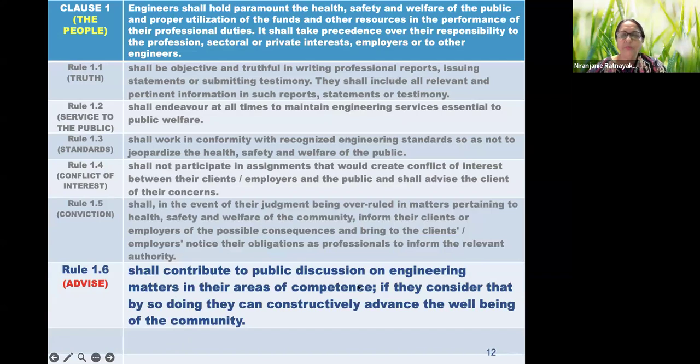Shall contribute to public discussion on engineering matters in their areas of competence, if they consider that by so doing, they can constructively advance the well-being of the community. Now, this is something that we normally shy away from, unless you are really pinpointed or you are the head of an organization.